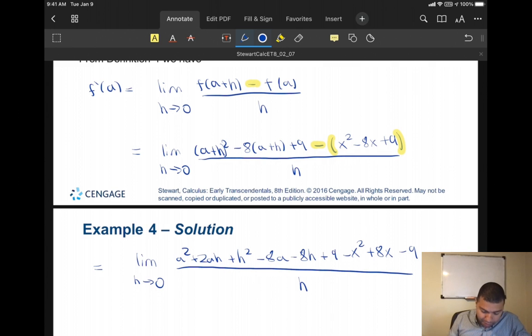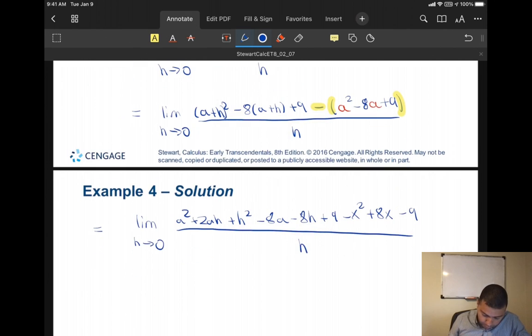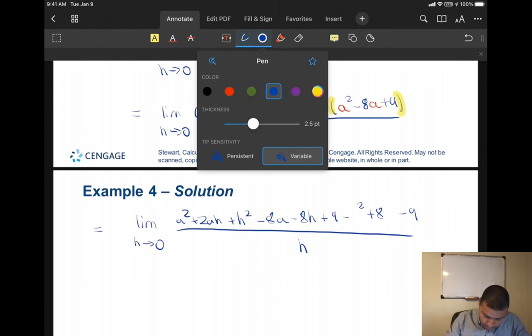Sorry, let me go back because I messed up. This was f of a. So this entire thing has got to be plugging in a where x was. So this is, let me do it in red so you see this is a. Sorry about that. Because I have to plug in a where x was.